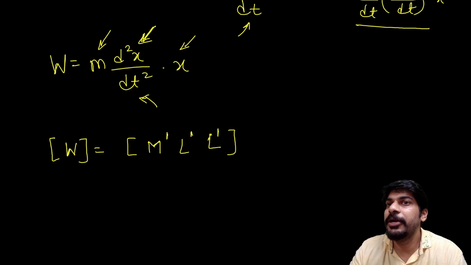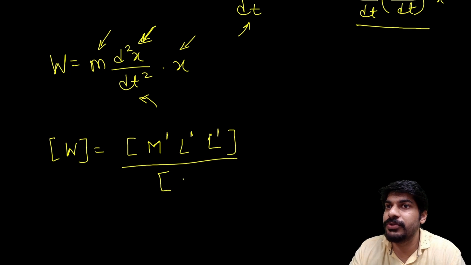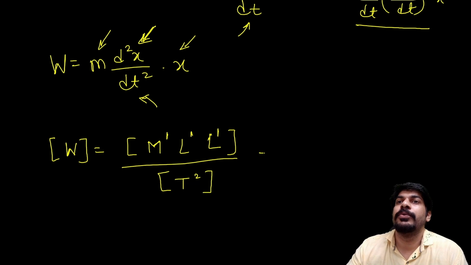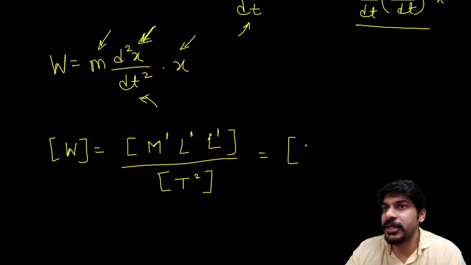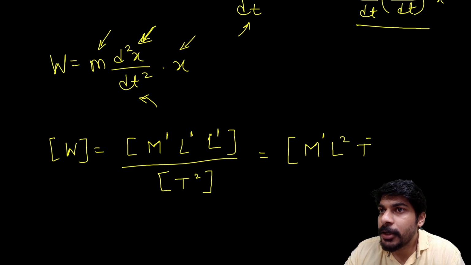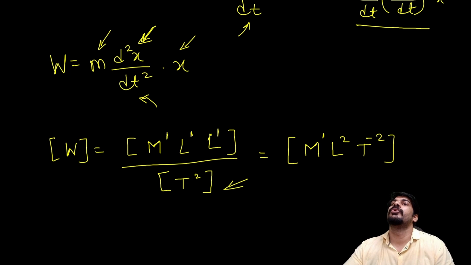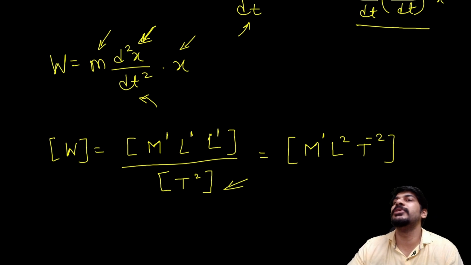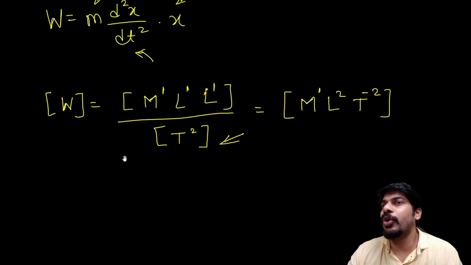Divide by, you can see there is T squared, so it is going to be T squared, isn't it? Now if we arrange this equation properly, it will be M1 L2 T minus 2, because it is in the denominator. So when it comes to the numerator, it will be T raised to minus 2. Now we have got all the dimensional formulas that we require for our problem, right?